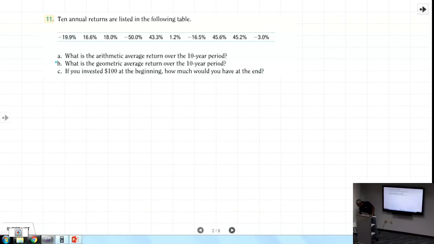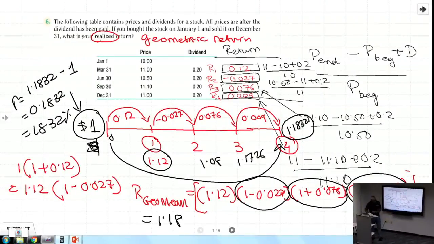So you can follow this properly over here. You can look at equation 11.2, which is the equation that we just used in the problem we just did, problem number 6.